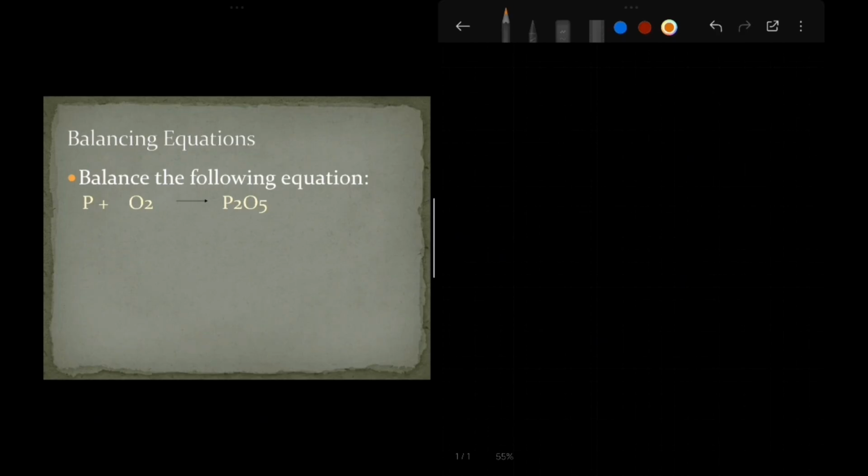Let's try this one again. I'll be writing again the chemical equation. We have the P of phosphorus plus O2 yields to produce P2O5. Ladder type again.